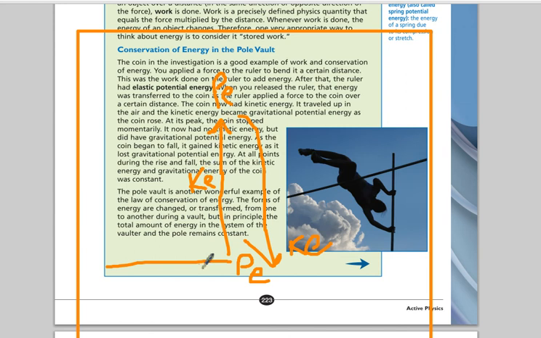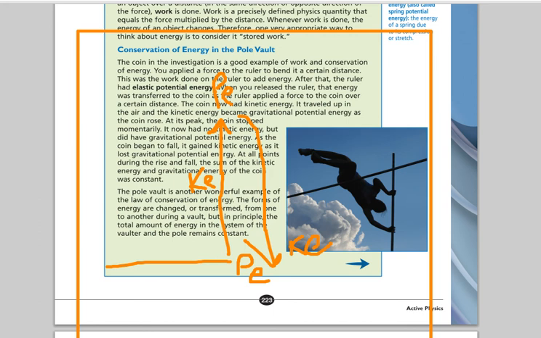So a very small portion of the potential energy at the bottom becomes thermal energy, but most of it becomes kinetic. Then that kinetic becomes potential, and then the potential is dropping down and becoming kinetic, and some of the energy again is turning into thermal energy because of the friction.